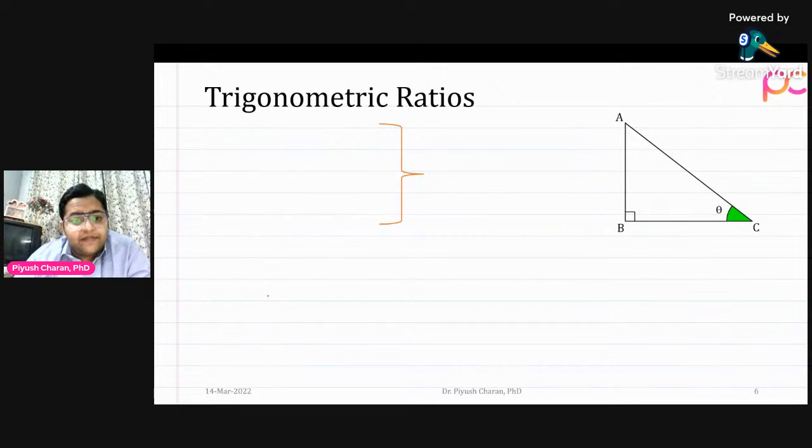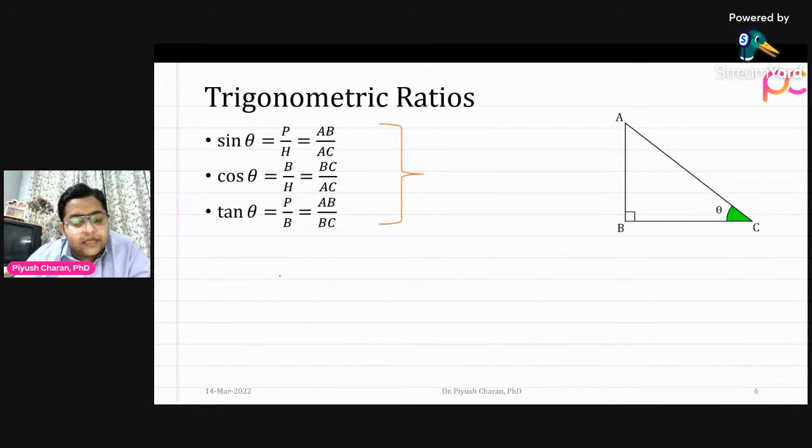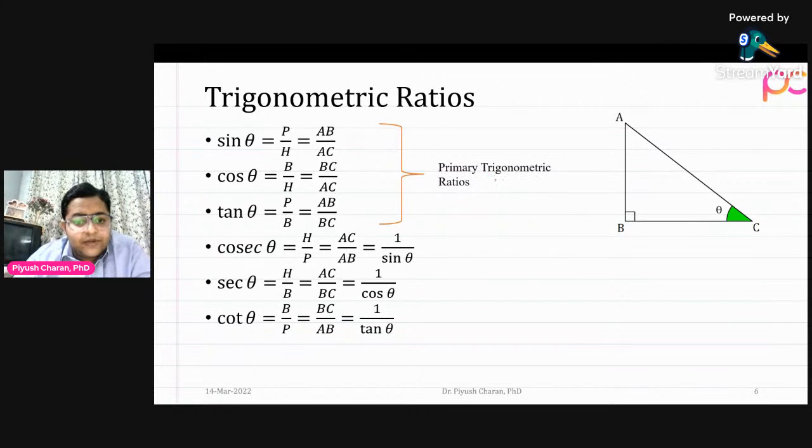Basically we have seen that the first trigonometric functions are sine theta, cos theta, tan theta. These three are known as the primary trigonometric functions. And cosec theta, sec theta, and cot theta are basically the derived trigonometric functions.